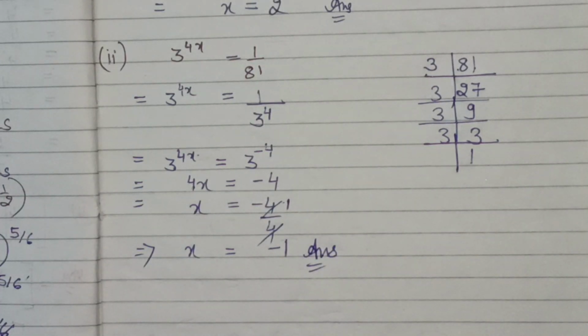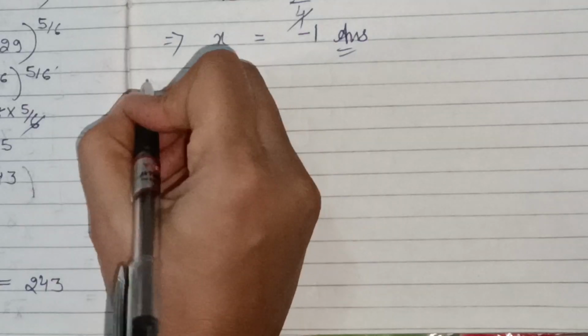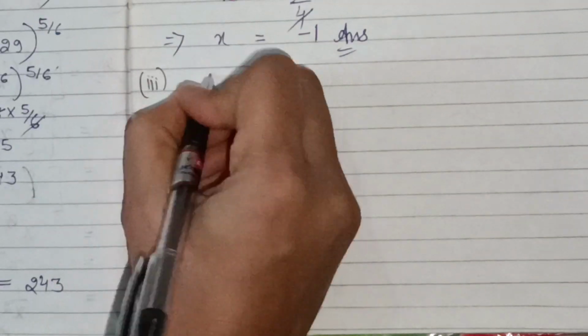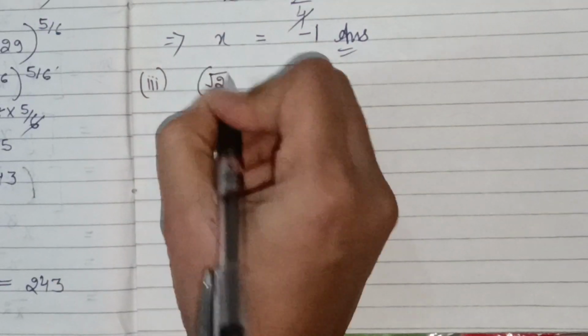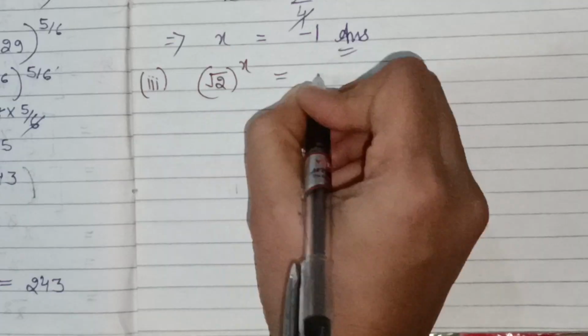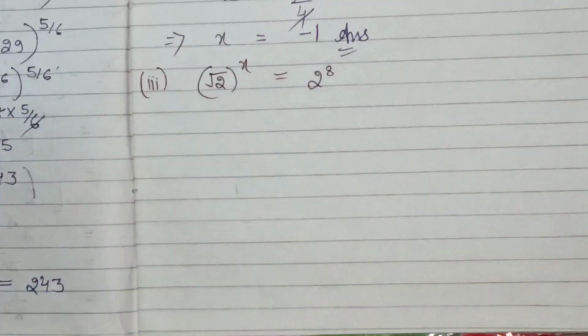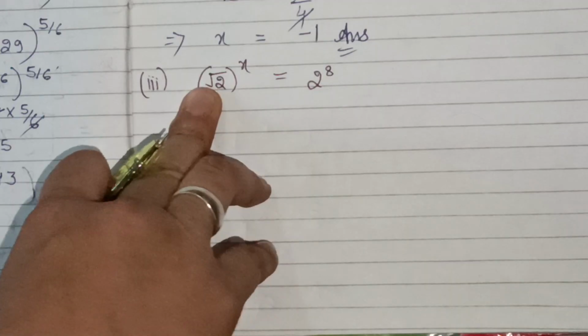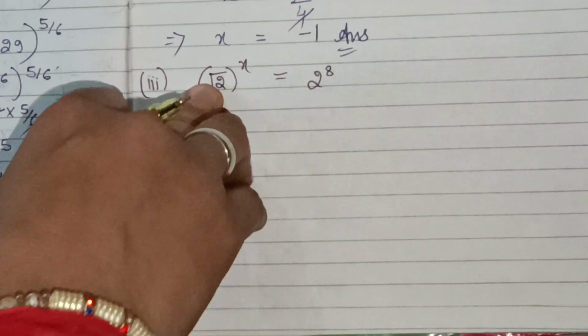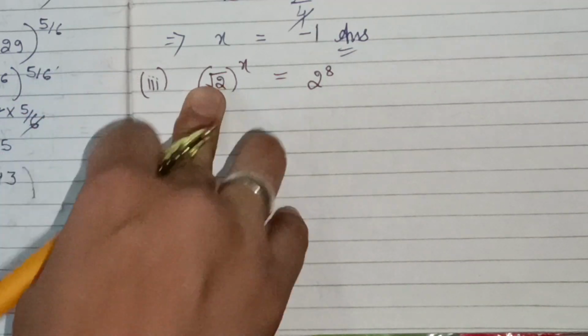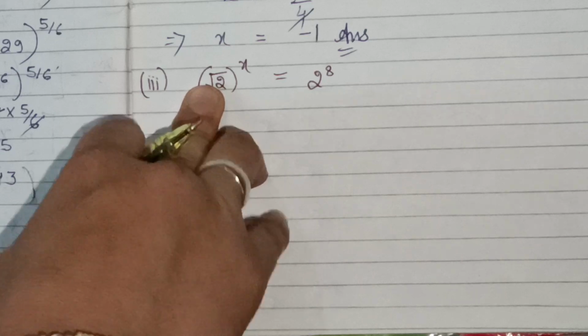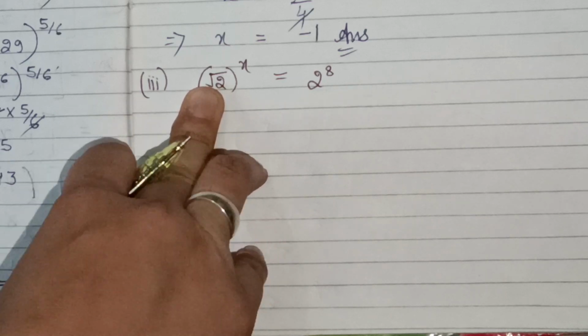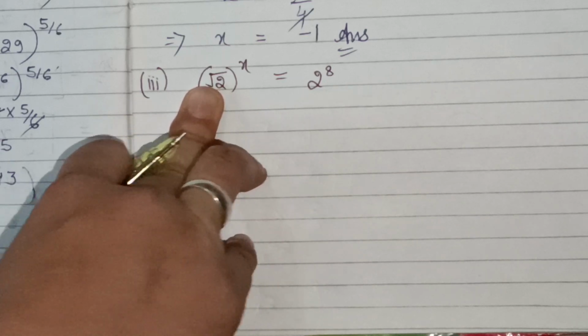Now move to our third part. Our third part is under root 2 raised to power x, which is equal to 2 raised to power 8. We know that the square root is the power 1 upon 2.